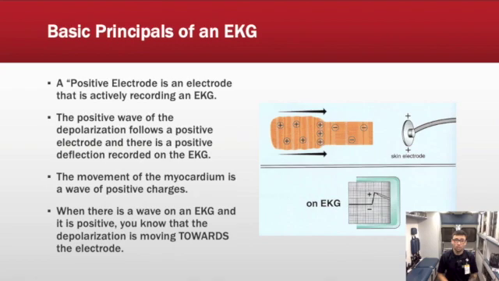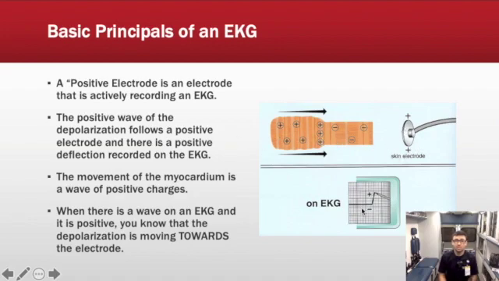The positive wave of depolarization follows a positive electrode, and there's a positive deflection recorded on the EKG. If you look at this picture, this myocyte is now depolarizing, so it's contracting, and it's contracting towards this electrode.